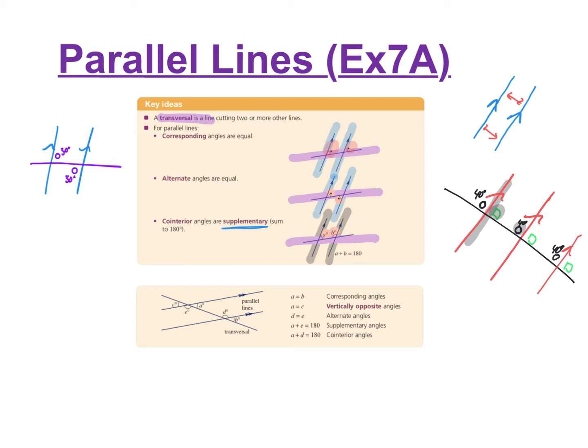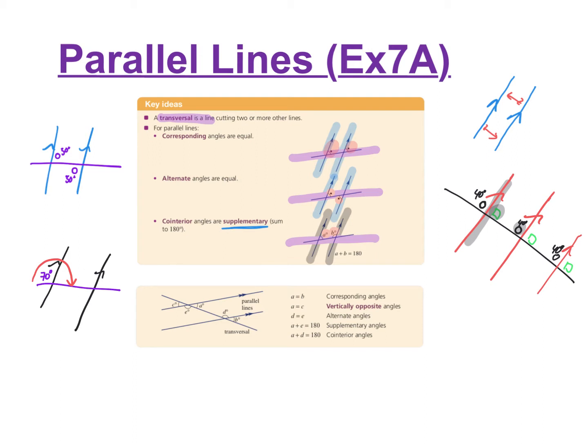You might be able to justify and work this out anyway sometimes. So say we've got parallel lines here and we have a line cutting it. Say I said to you this was 70 degrees. Can you see that here you have a straight line? And how many degrees in a straight line?